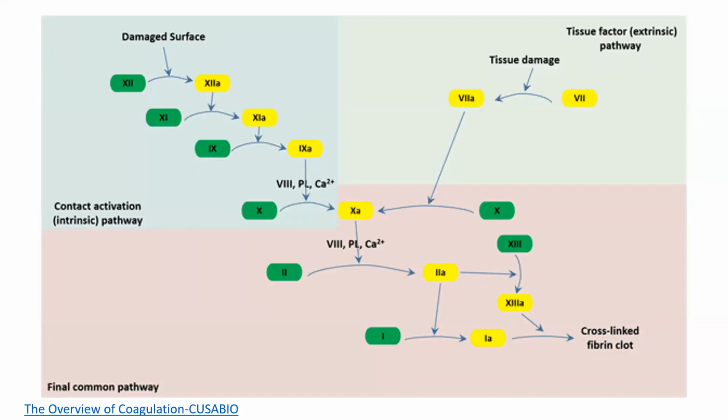So as we're going along, we'll look at some conditions where you either have consumption of factors or inhibition of other factors due to loss of electrolytes or even vitamins, in addition to how medications are going to interact along this clotting cascade to affect coagulation.